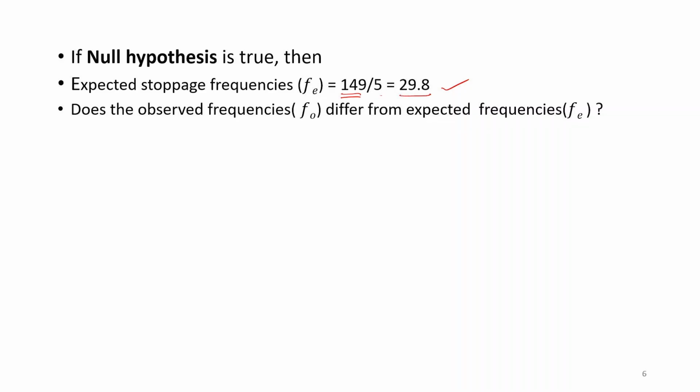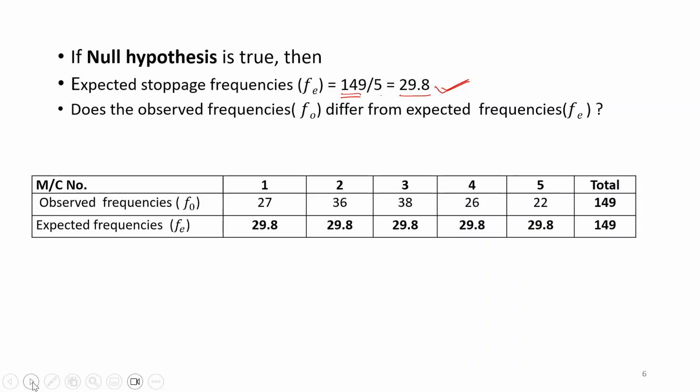So this is 29.8. This is the expected value of the stoppage rate. Therefore, if we look at the table now, these are the exact values and these are the expected values. We expect that every loom on an average should stop 29.8 times.